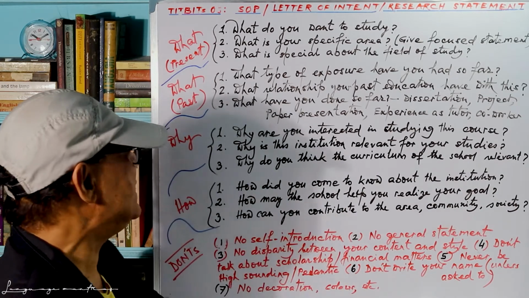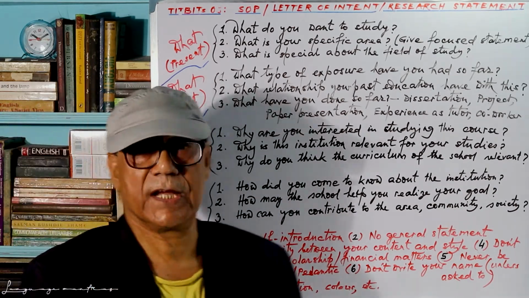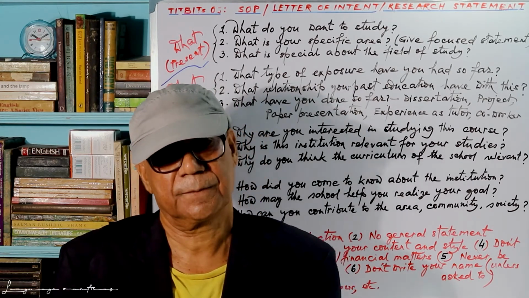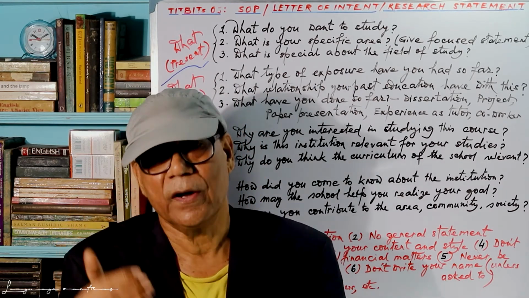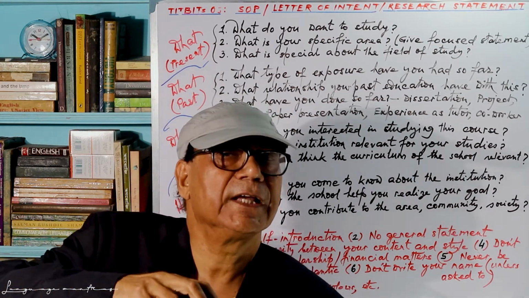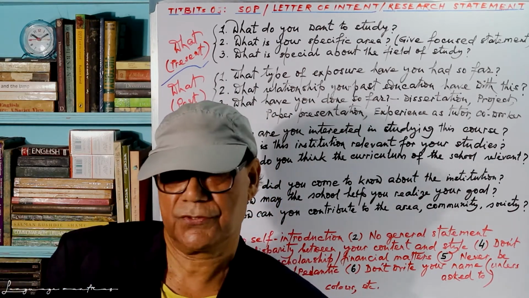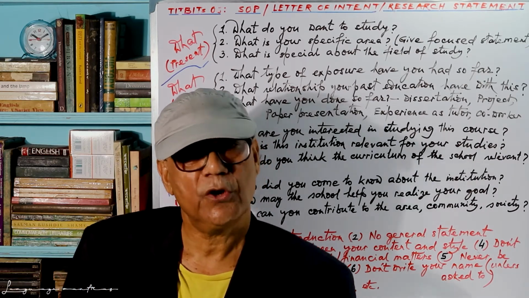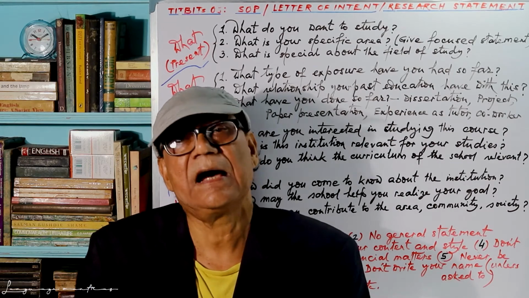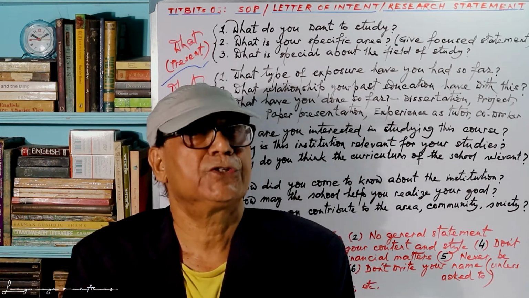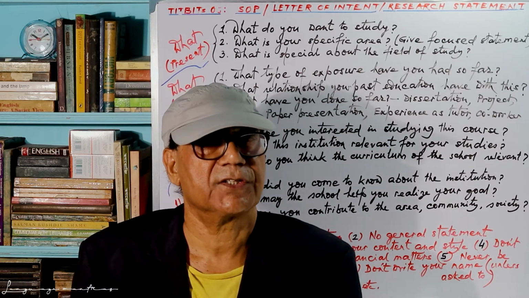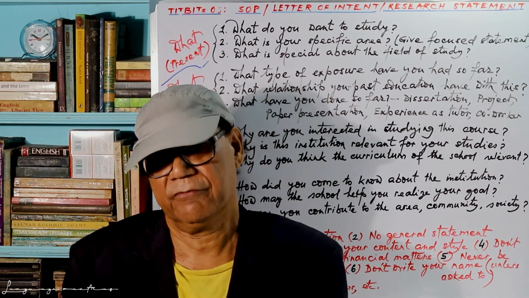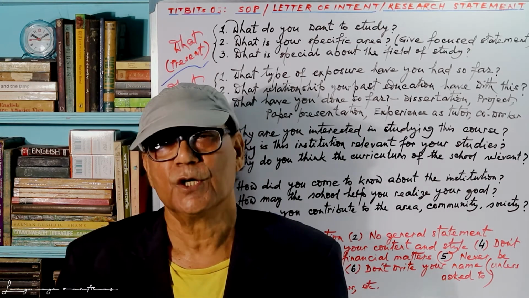Take care. Why is this institution relevant for your studies? Now, why this institution, not any other institution? That means you are expected to have investigated the institutions. You have a particular subject in your mind, then it is your responsibility to find the exact or suitable institution for that. It is expected. So you have done some research work. Nowadays it's not very difficult. You have a Google search option.